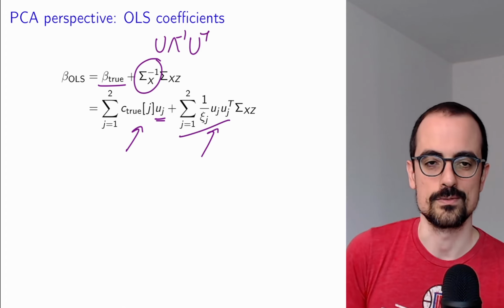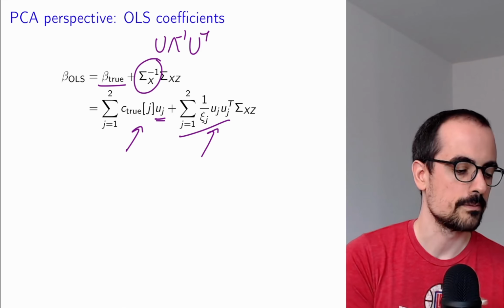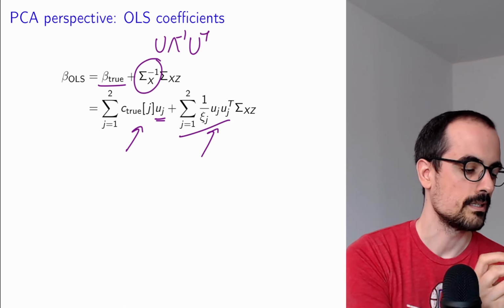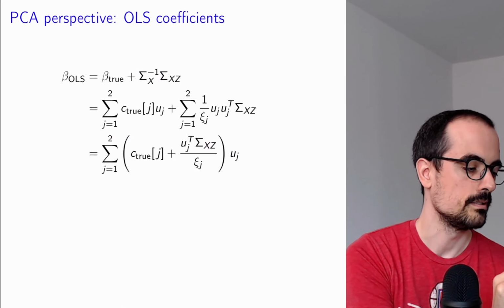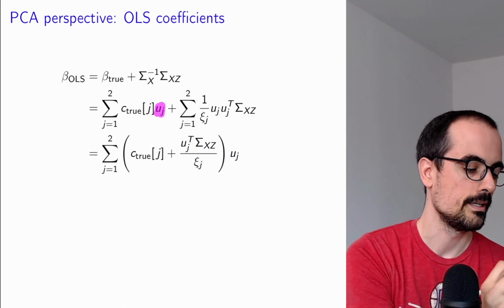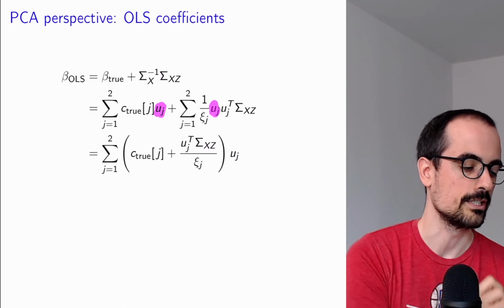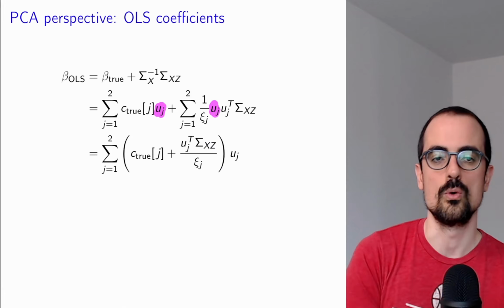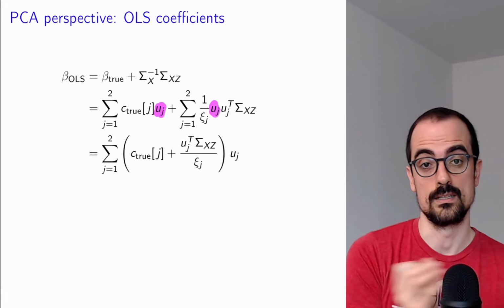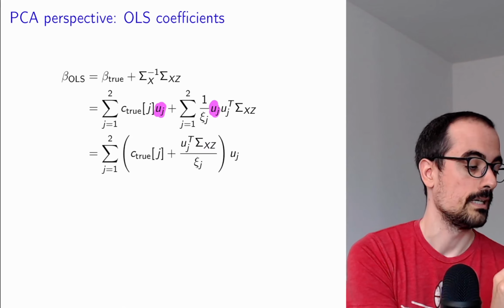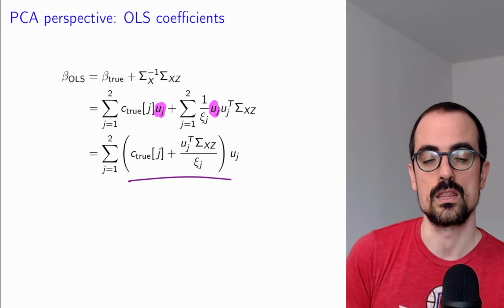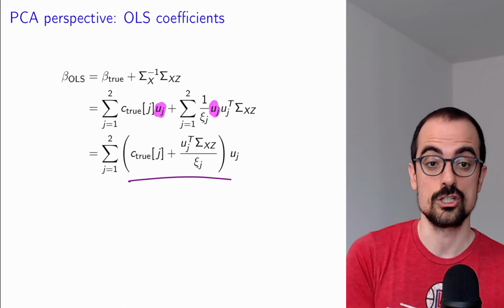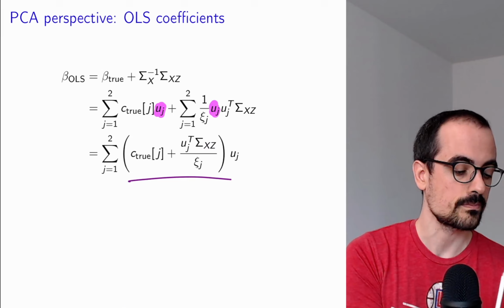We've done this a couple of times, so I won't repeat it. If we put all of this together, here we have the jth principal direction in both terms so that we can just take it out. And this is the amplitude in that jth principal direction of the OLS coefficients.